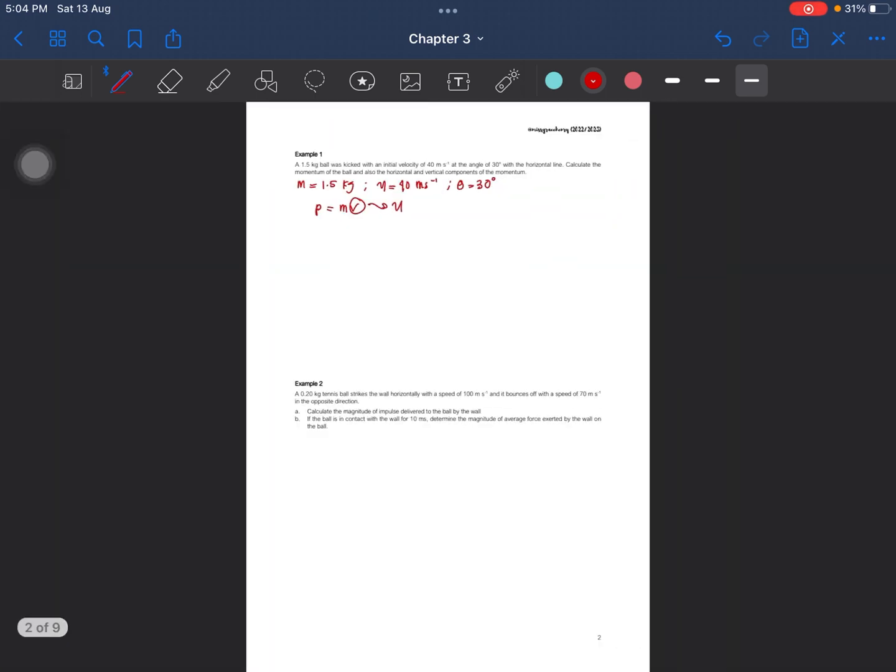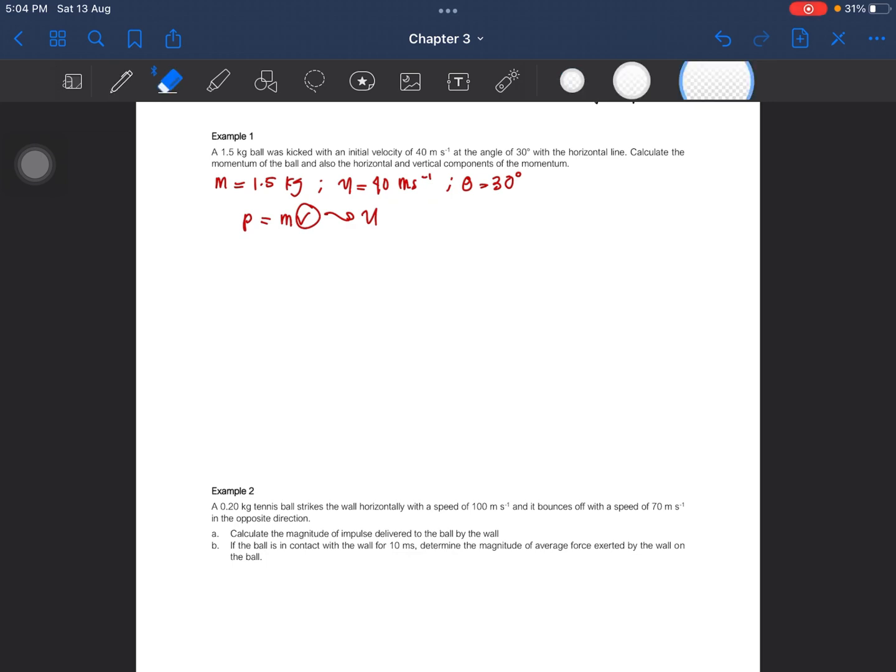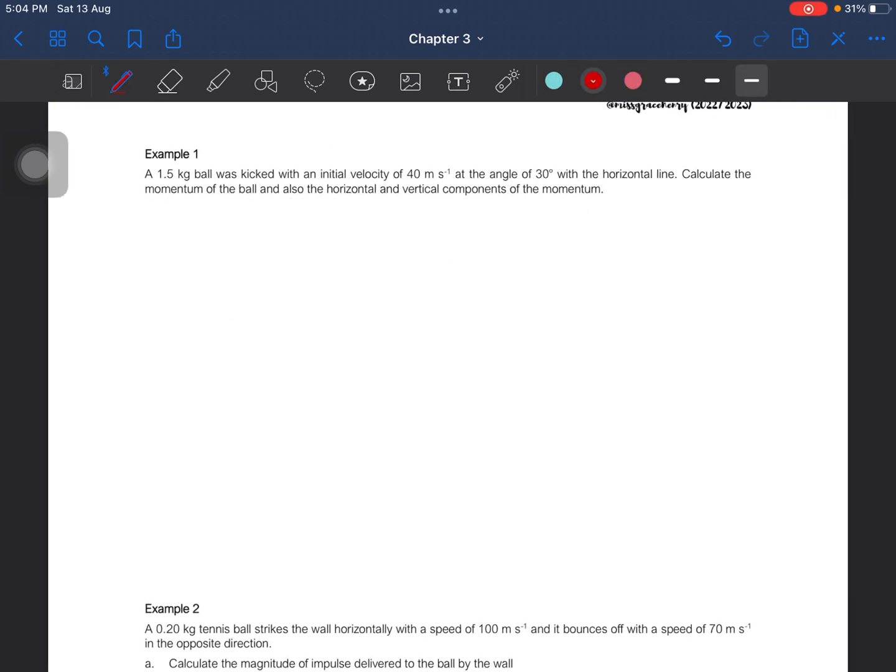Now we will go into the examples. For the first example, a 1.5 kilogram ball. We have the mass, which is 1.5 kilogram, and it has an initial velocity of 40 meter per second, and the angle is 30 degrees to the horizontal. We have to calculate the momentum of the ball as well as the horizontal and vertical components of the momentum.